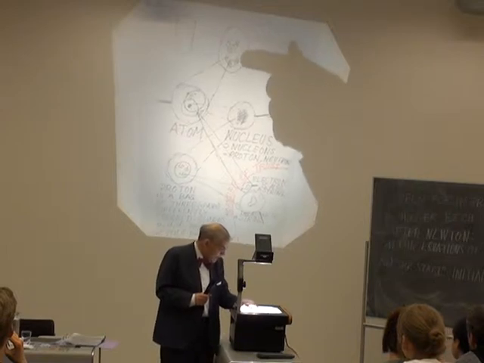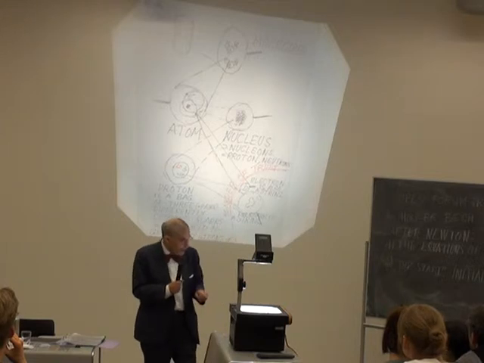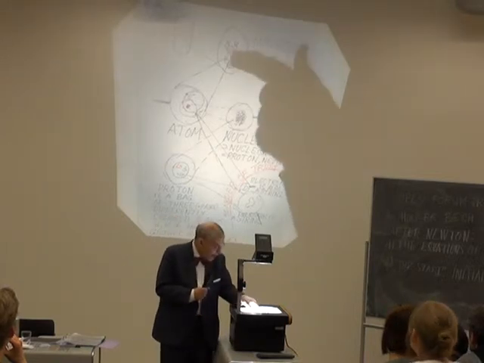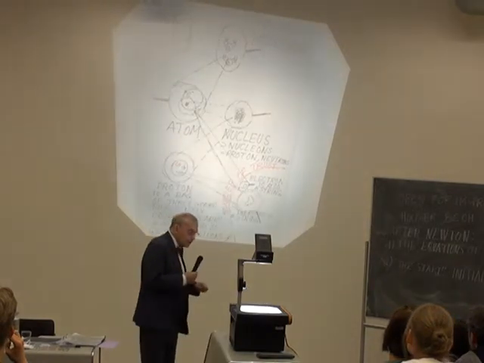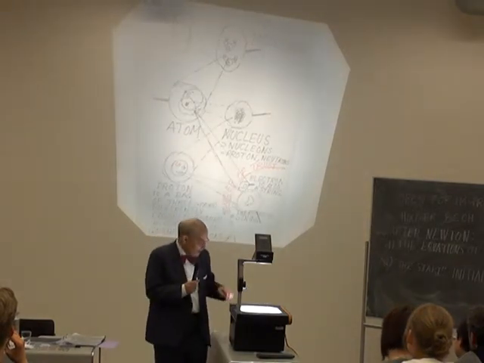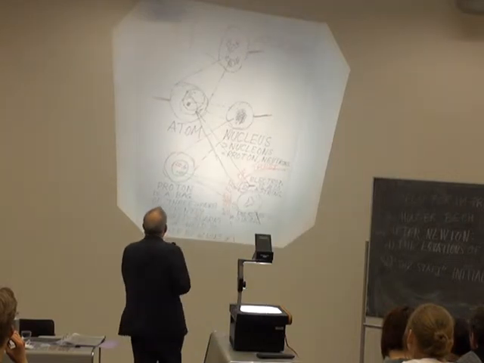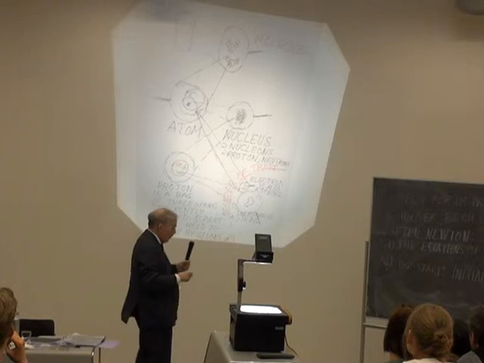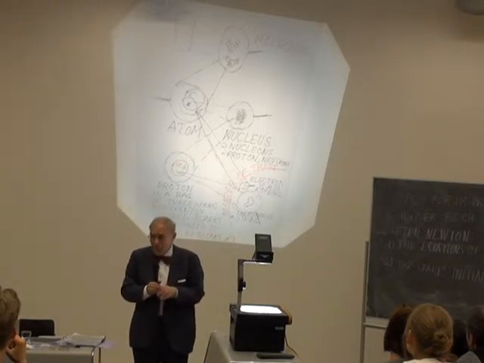And they consist of 2 hydrogen and 1 oxygen, and these are atoms. And the atom consists of 1 nucleus and some electrons going around. And they go around in elliptic orbits. Well, really they don't go around in elliptic orbits.